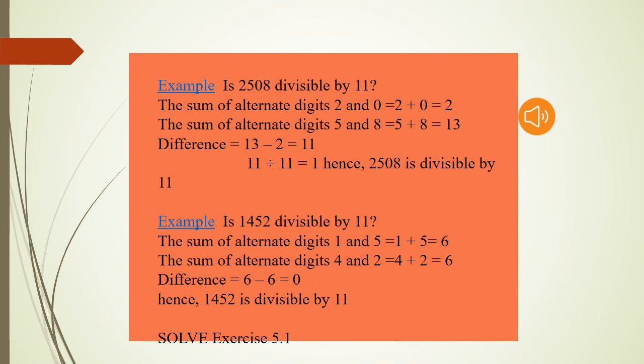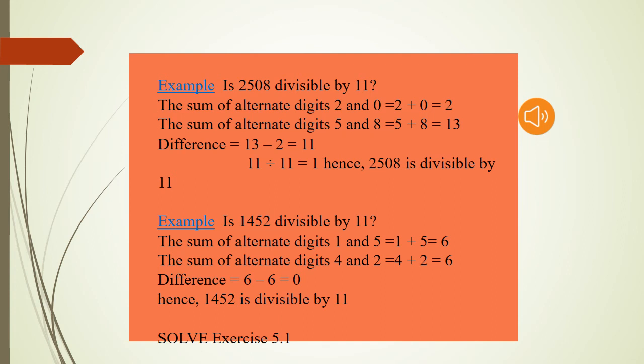Let's take another example. Is 1452 divisible by 11? First we will find the sum of alternate digits, that is 1 and 5. 1 plus 5 is equal to 6. Then we will take up the next alternate digits, that is 4 and 2. 4 plus 2 is equal to 6.